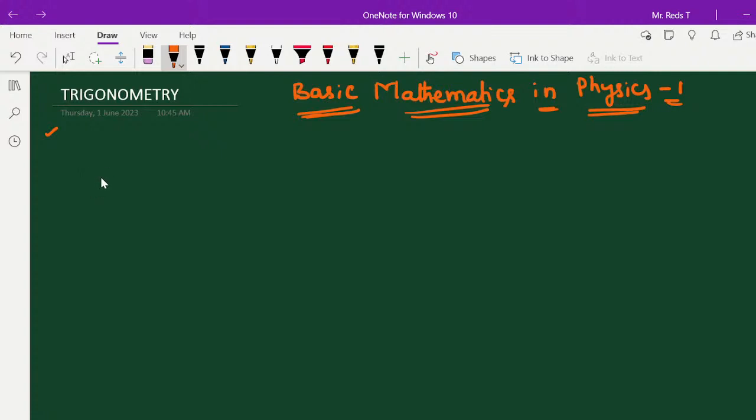But in addition to this, a few more basic mathematical concepts we also leverage. What are those? Let me give a basic list, just for an idea.